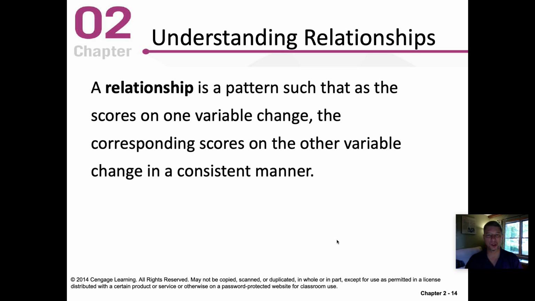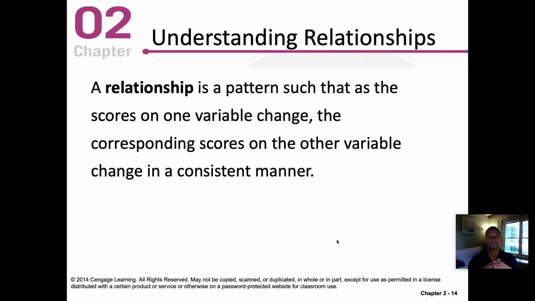A relationship is defined as a pattern such that as the scores on one variable change, the corresponding scores on the other variable change in a consistent manner. And this is oftentimes represented as a graph. As the independent variable increases, the dependent variable increases as well, or maybe it decreases. But there's a pattern there.